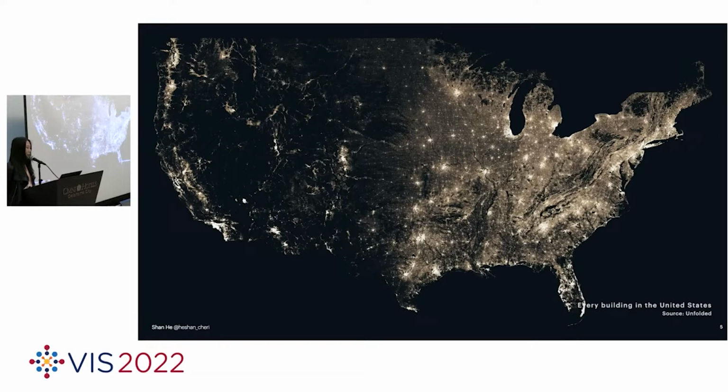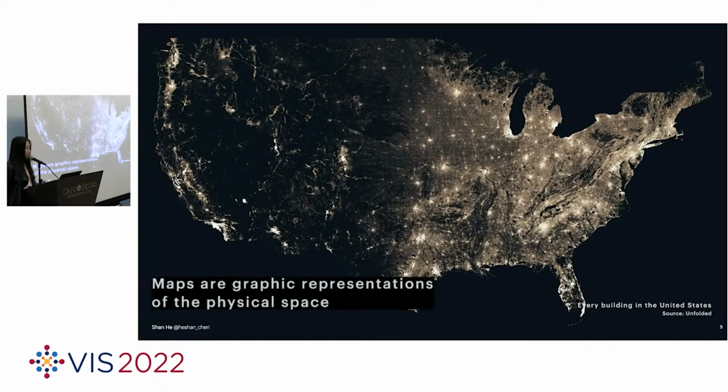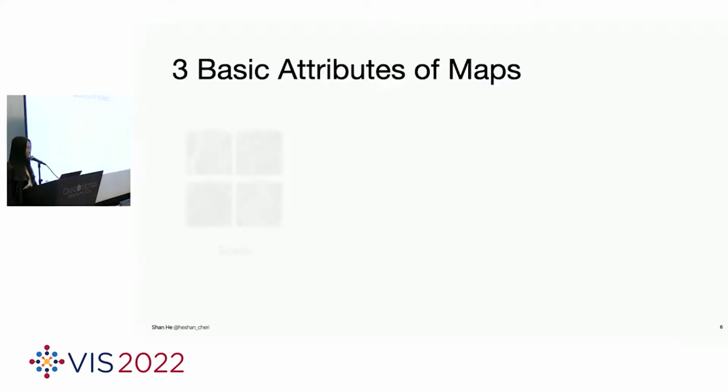So this map versus the numbers shows you how a geospatial representation is a lot more powerful or personal compared to a cold number. So that's why, to me, geospatial visualization is a lot more interesting than abstract visualization.